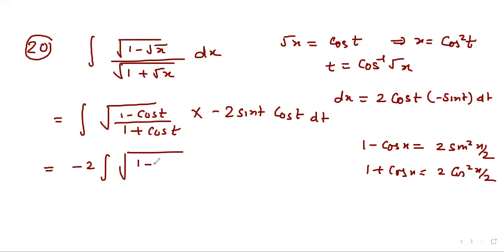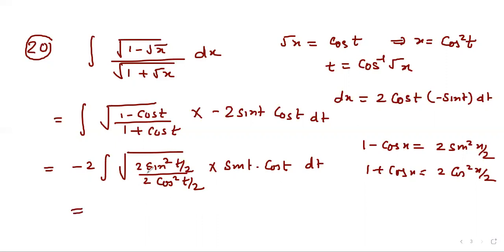So 1 minus cos t will become 2 sine square t by 2 divided by 2 cos square t by 2, times sine t cos t dt. From here, 2 will cancel out. This will become tan t by 2.